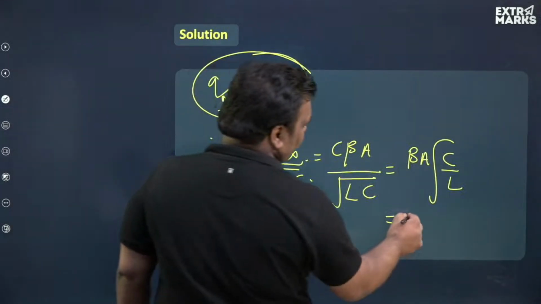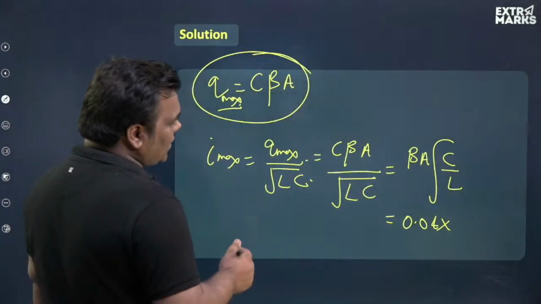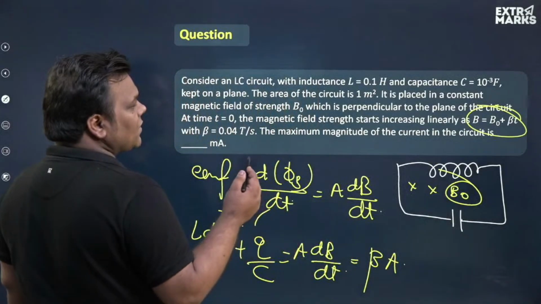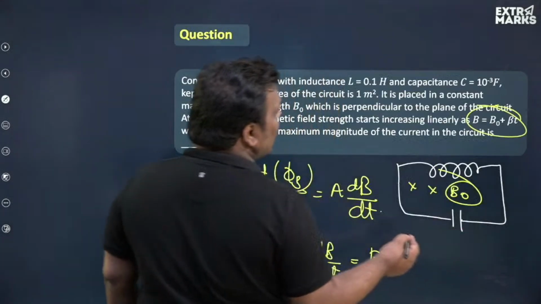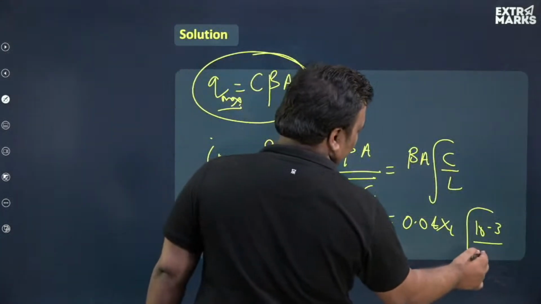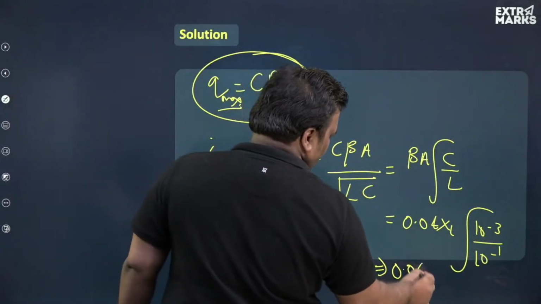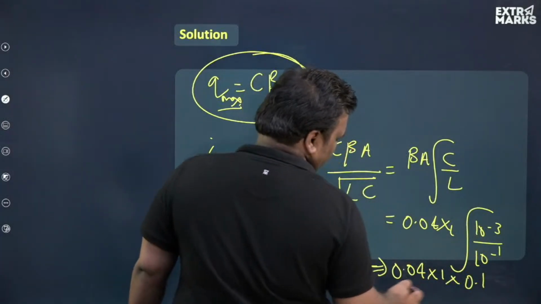Beta is 0.04. What is the area? Area is 1. What is C? C is 10 to the power minus 3. What is L? L is 10 to the power minus 1. So it will be 0.04 multiplied by 1 multiplied by, I think it is 0.1.